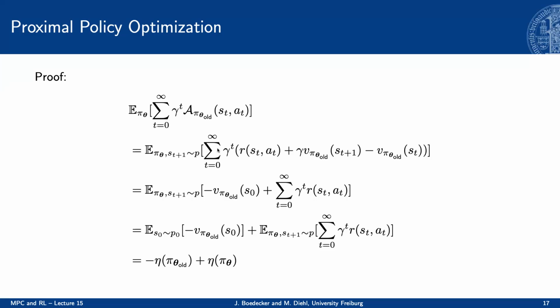What you're left with in the end is just this particular term for S0, for the very first state that you consider. That's why we don't have this infinite sum here anymore, and why this also vanishes. Now this has only S0 and pi theta old here.